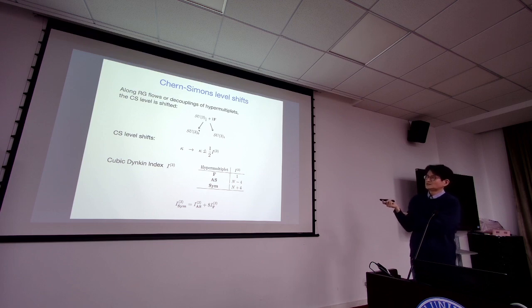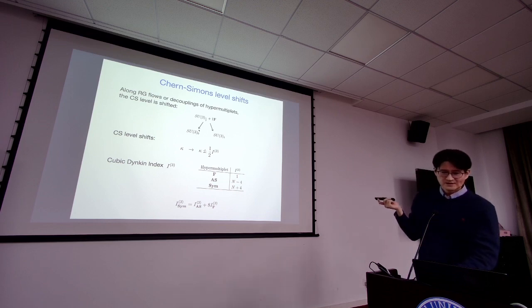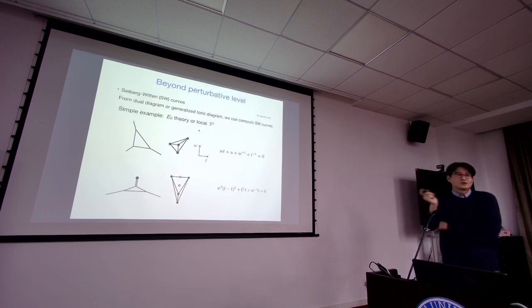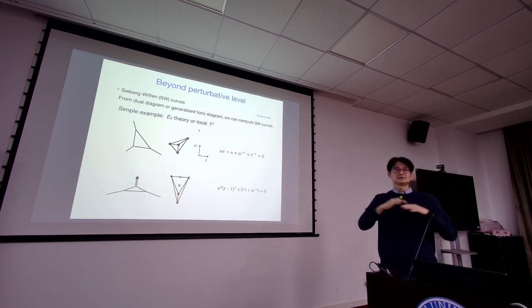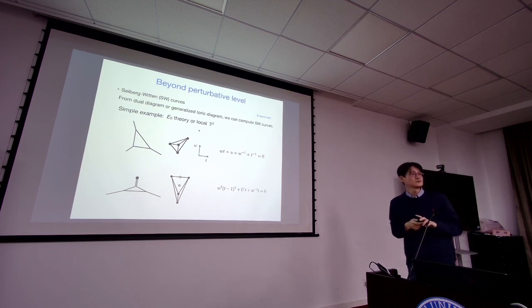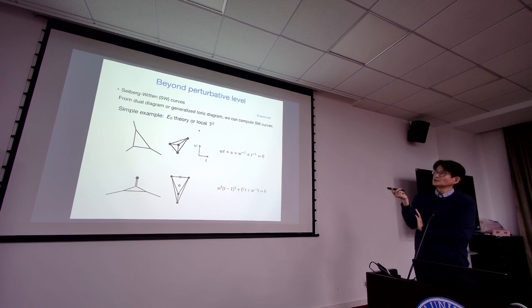Fundamental is 1, antisymmetric is N-4 for SU(N), and symmetric is N+4. With simple arithmetic you can see that the cubic Dynkin index is also the same: the symmetric one is the same as the antisymmetric one plus A flavors. So it seems everything matches. So we go beyond this perturbative level to see whether this relation still works. One of the simplest ways is computing the Seiberg-Witten curve.